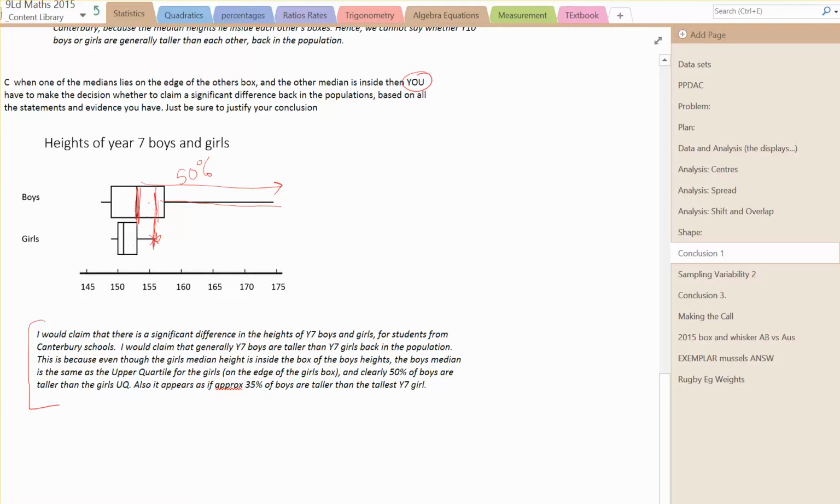So from this example, I would be happy to claim that back in the population that these sample data came from, the boys are taller than the girls. But in that situation, it will depend on your argument.